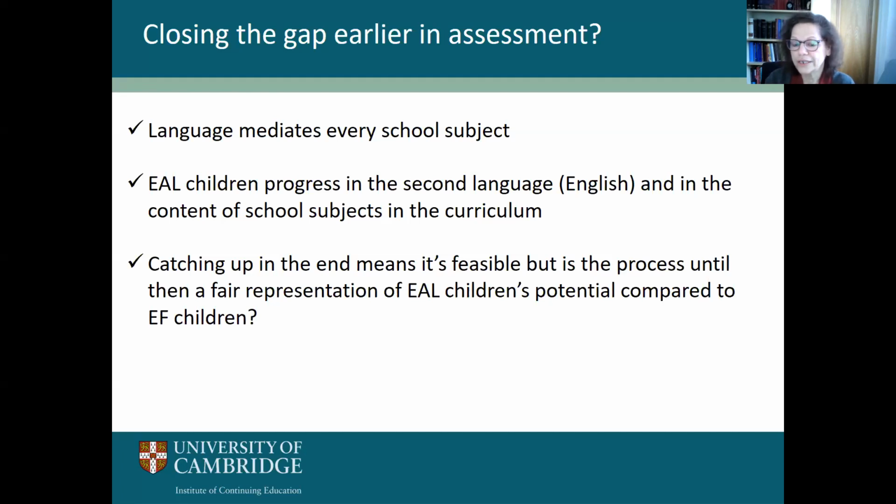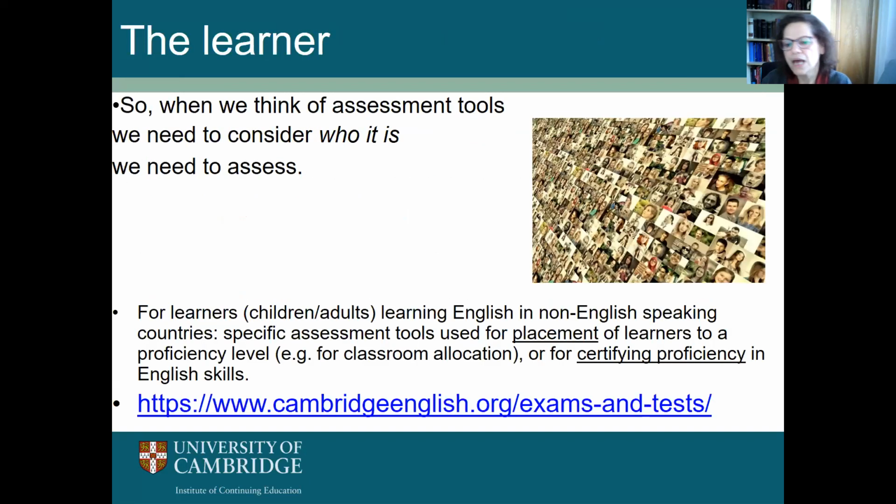So EAL children have to progress not only in the content of school subjects in the curriculum, but also in their second language, English. And of course, catching up in the end means it's feasible to catch up. But the question is whether the process until then is a fair representation of EAL children's potential compared to EF children. So what that case study tells us is that we need to focus on the learner.